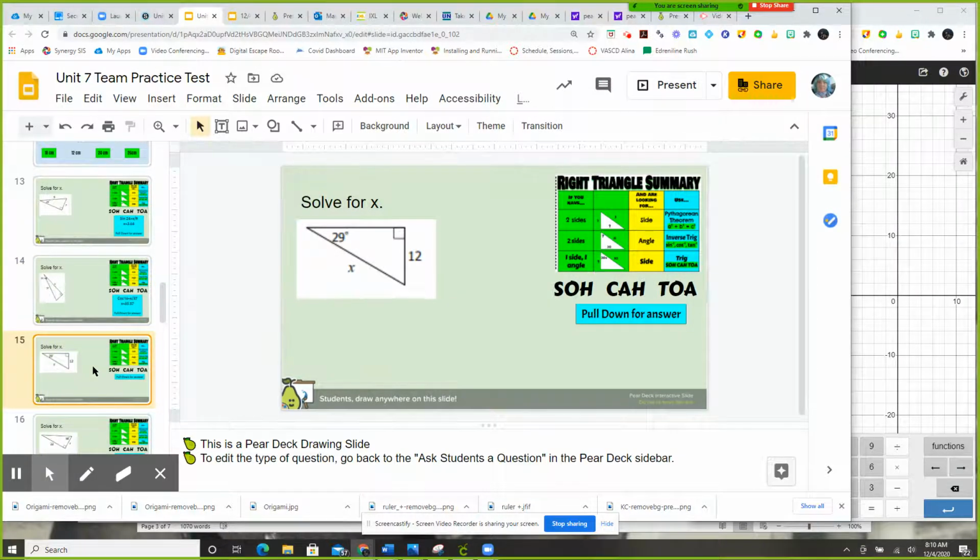Let's look at 37. 37. 15. What do I know here? Maybe somebody who hasn't chimed in yet. Anybody feeling brave, feeling confident? Yeah, go for it.